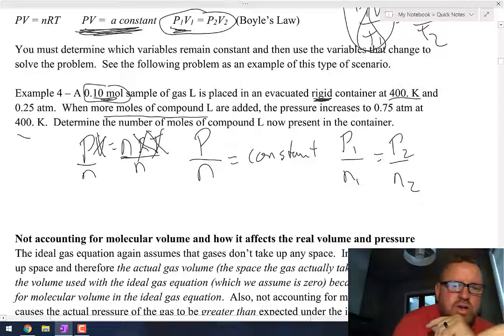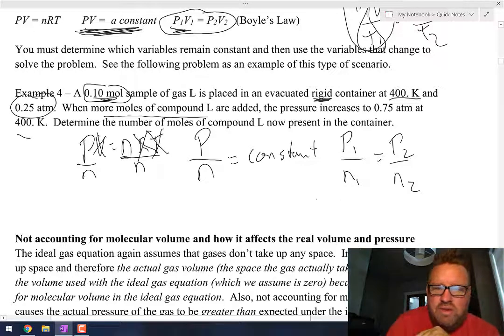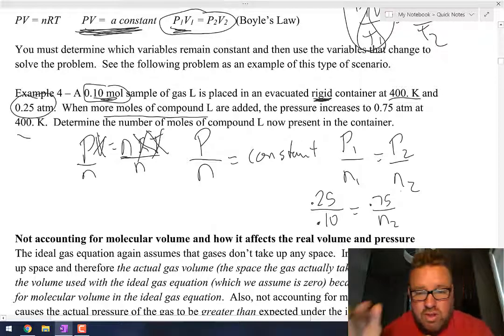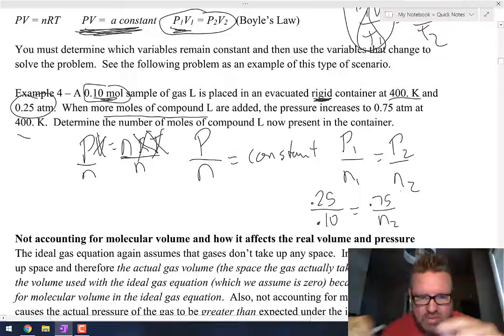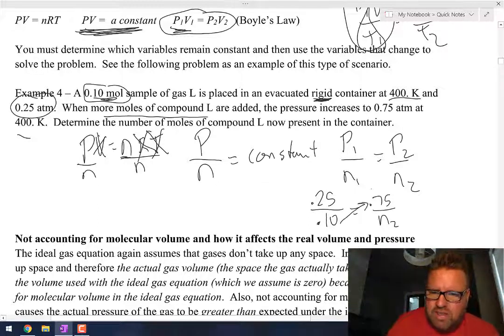So the initial pressure is 0.25 over the initial number of moles, 0.10. The final pressure is 0.75, and then our final number of moles is what we're looking for. Now we have to cross multiply and divide.